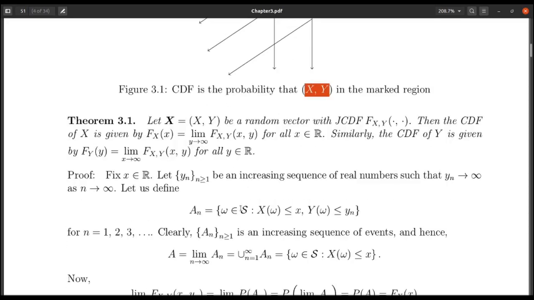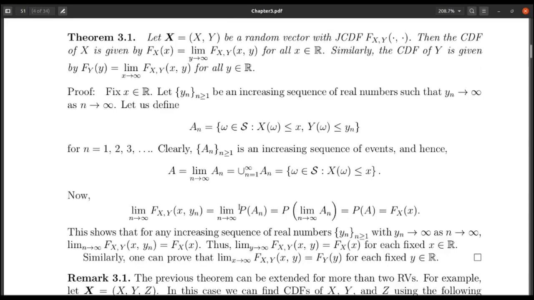Now, Theorem 3.1 is a very important theorem, which says that if I know the joint cumulative distribution function of the random vector (x, y), then I can find the cumulative distribution function of x as well as that of y.